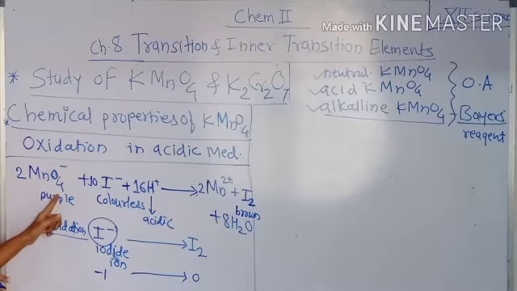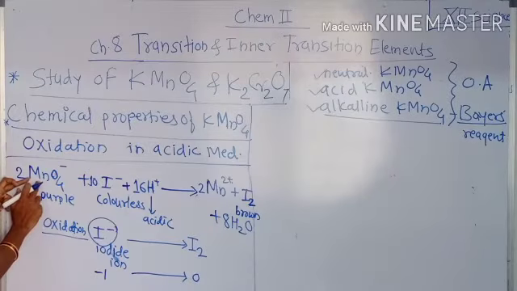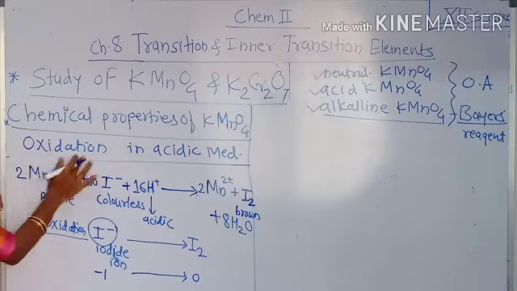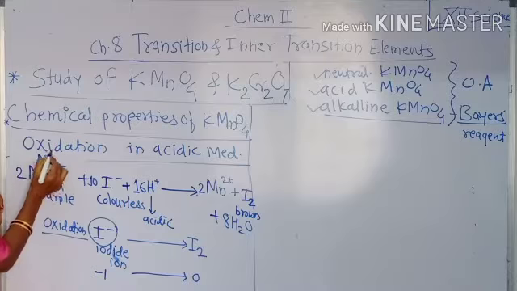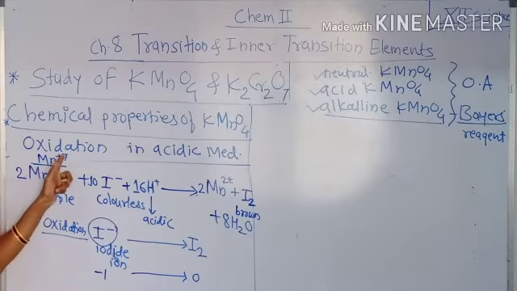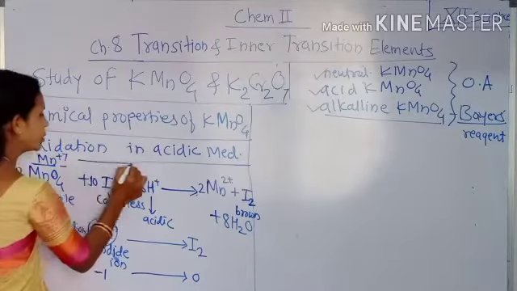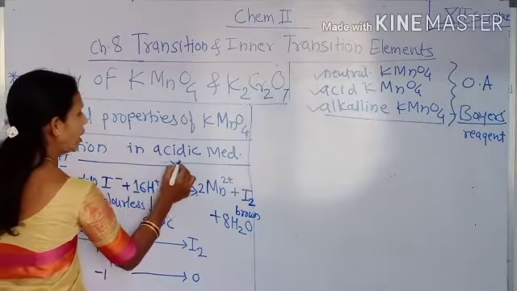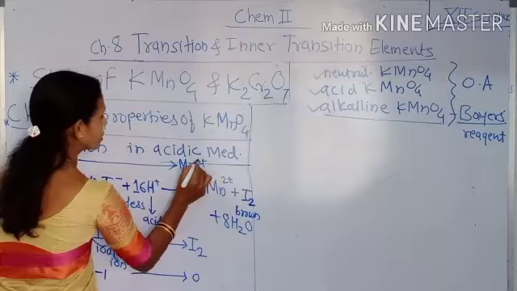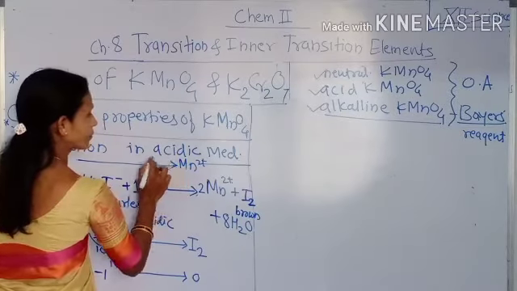MnO4 minus, that is the permanganate ion. And the permanganate ion, see here, possesses Mn in the plus 7 oxidation state, which is converted into the Mn2 plus oxidation state.